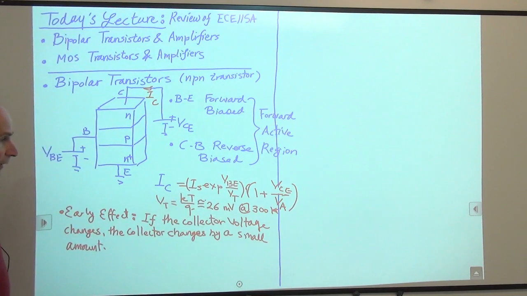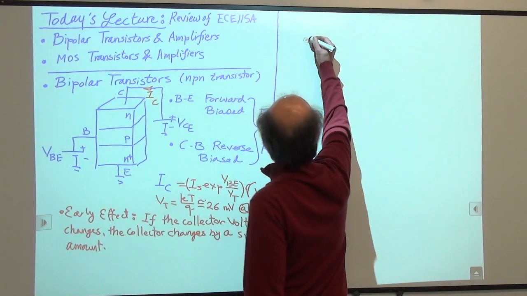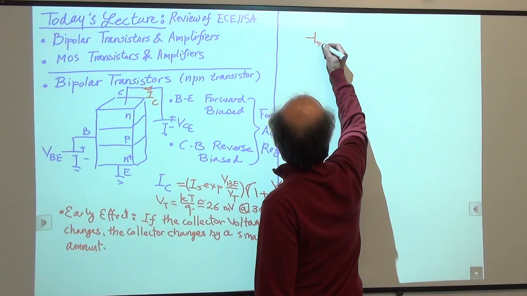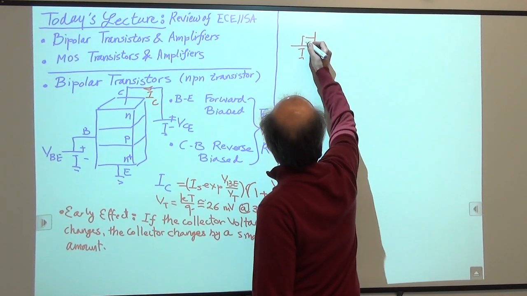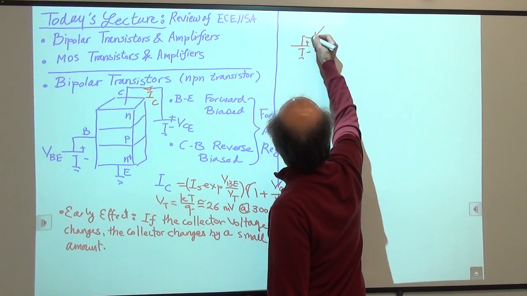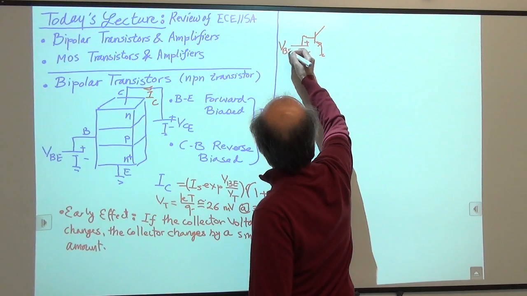Okay, so let's look and see if I have a bipolar device like this, and I simply connect a battery to it. This is the symbol we saw for the NPN transistor. We have a VBE here.